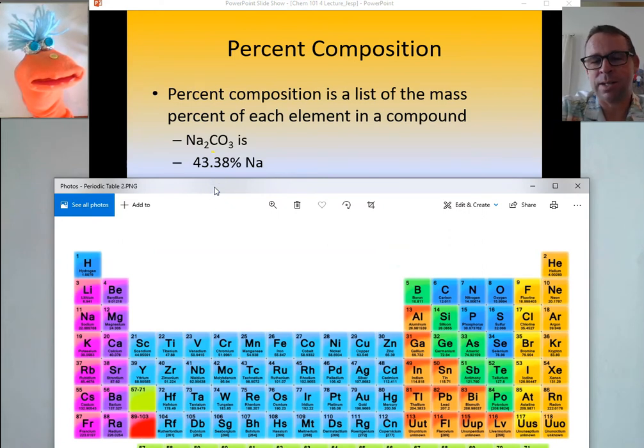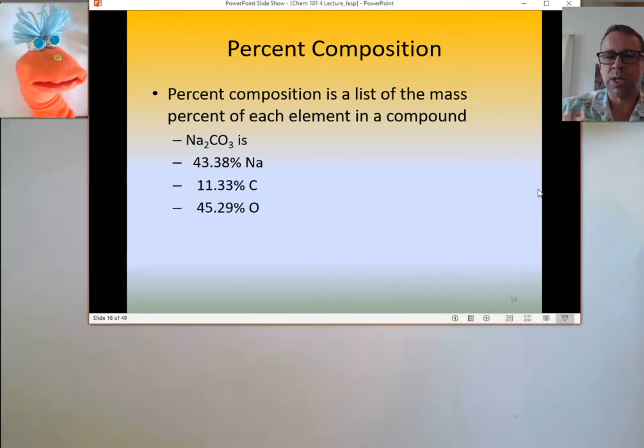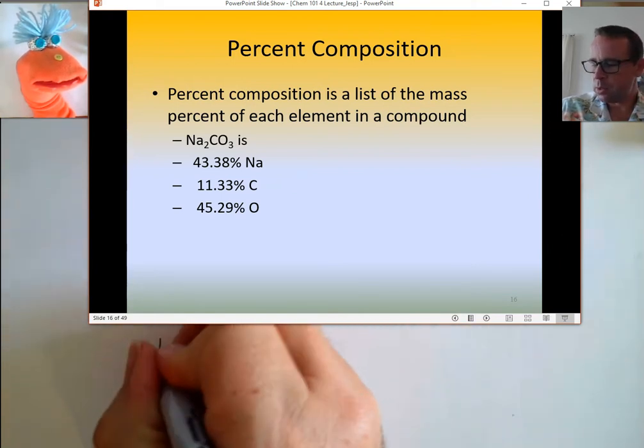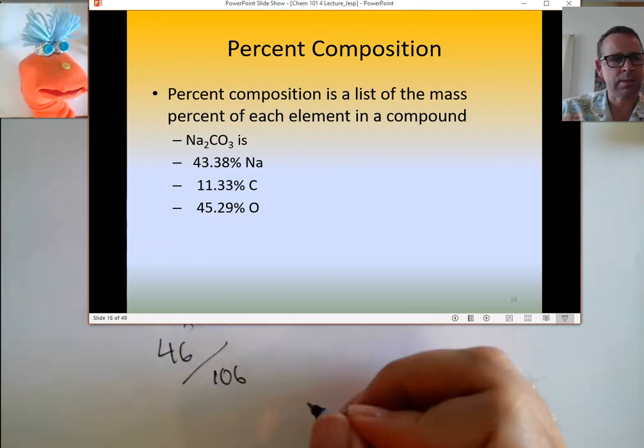And then if we do that in the calculator, that ends up being 106. Is that what you got? Yeah, I got 106. All right, good. So now we take the mass of just the sodium, which we said was 2 23s. That's 46, and we put that over the 106.